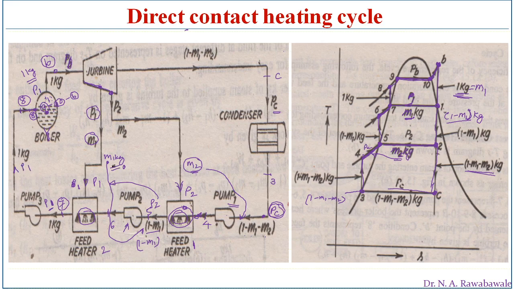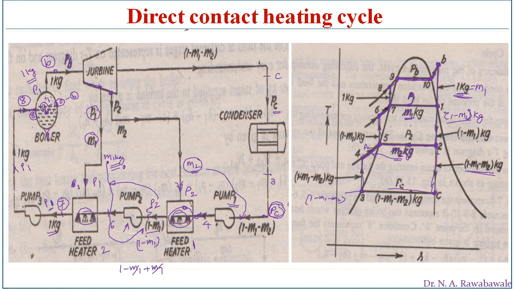Now here m1 kg of steam gets mixed with 1 minus m1 kg of condensate. 1 minus m1 plus m1, m1 gets cancelled. Now mass of condensate will be equal to 1 kg again. So this 1 kg of condensate is supplied into the boiler at point 8.